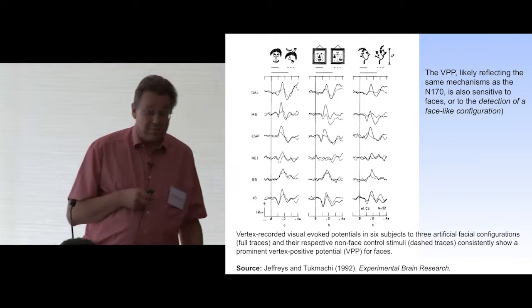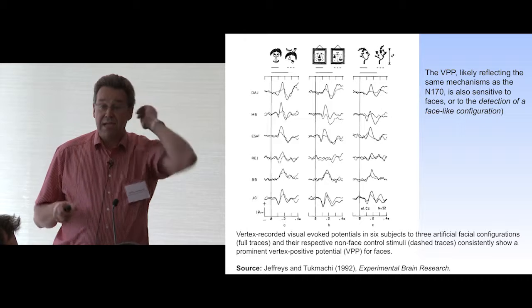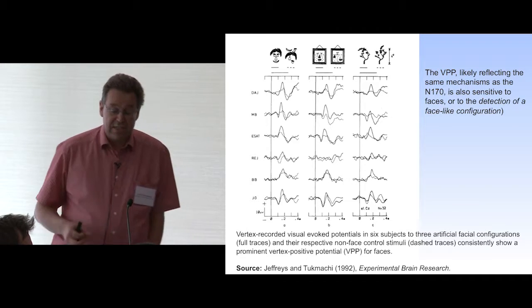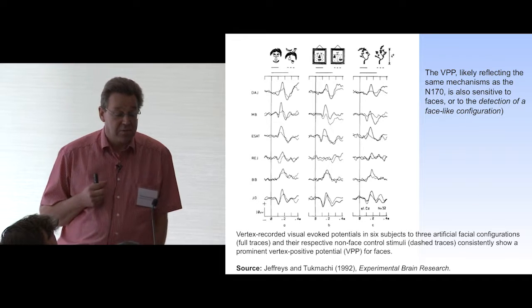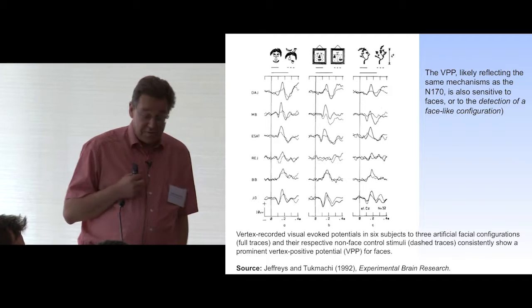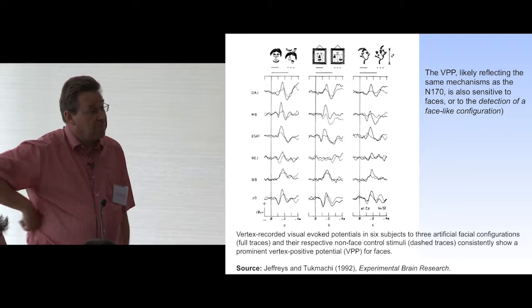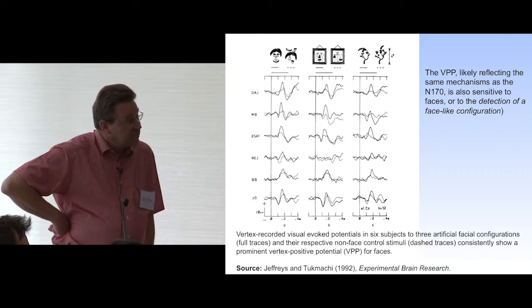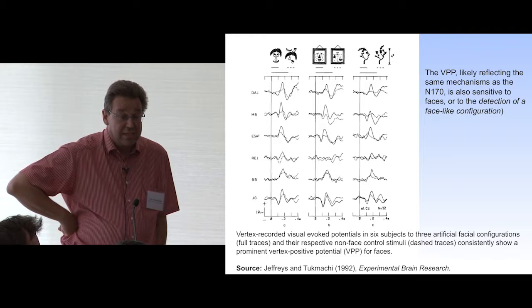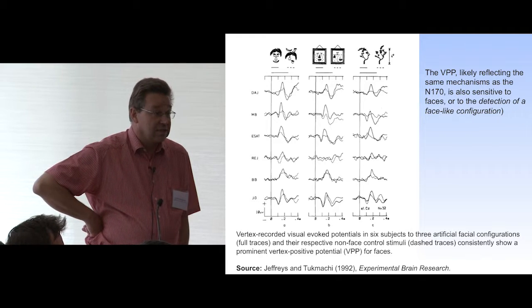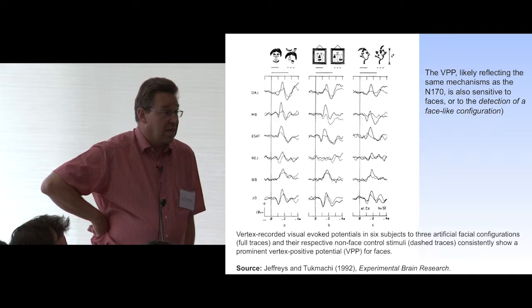And I've just picked up these older data because they remind us that the response around 170 milliseconds doesn't even require a real phase at all, and we knew this for a long time. So this is from Jeffreys' studies, and he published in the late 80s and early 1990s. He recorded the vertex positive potential, but it's now thought that this is functionally equivalent to the N170.